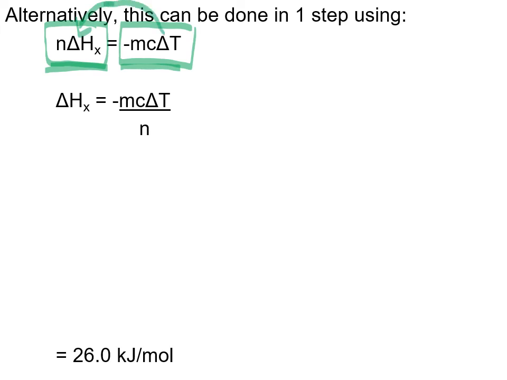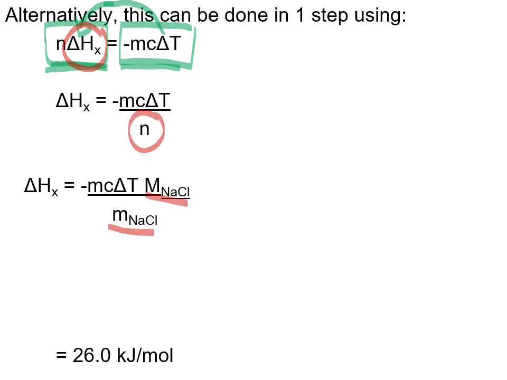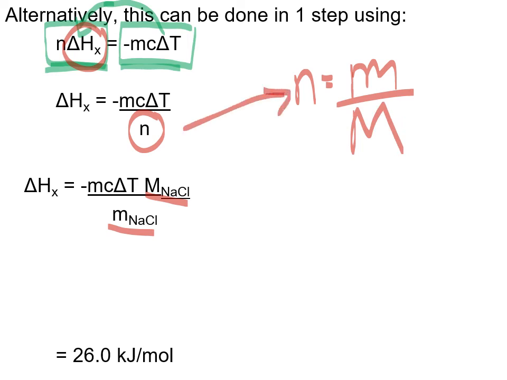We are trying to get to the molar enthalpy, so we can rearrange, put n on the other side, and we can even replace n with mass over molar mass. n equals mass, that's a little m, over molar mass, so we've substituted n with mass over molar mass.